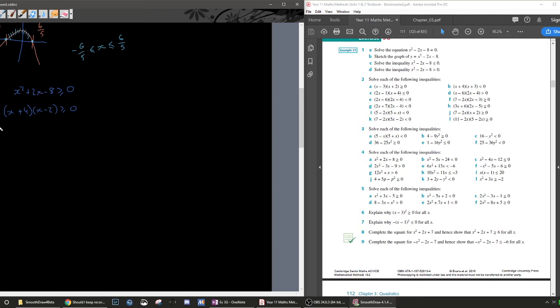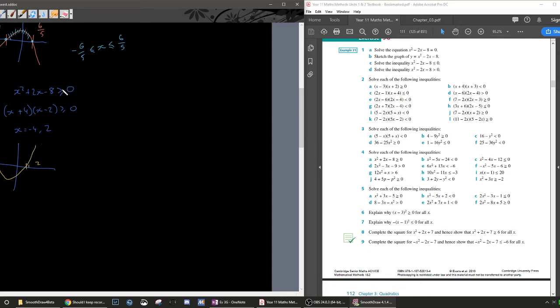Greater than 0, so we can say for our intercepts, x equal to -4, 2. And this is a positive x squared term, so we can quick graph here, positive 2 there. It's going to look something like that.